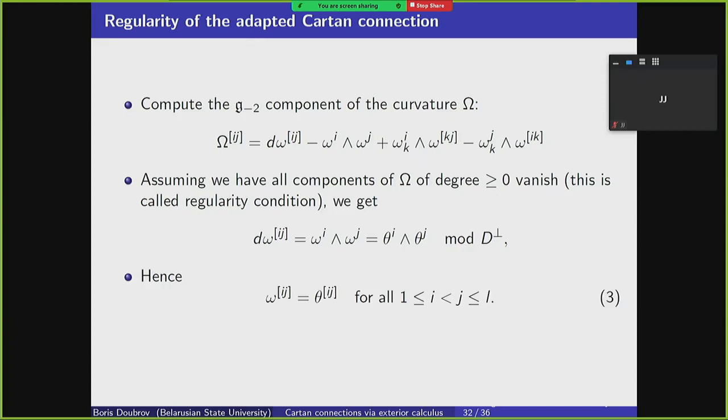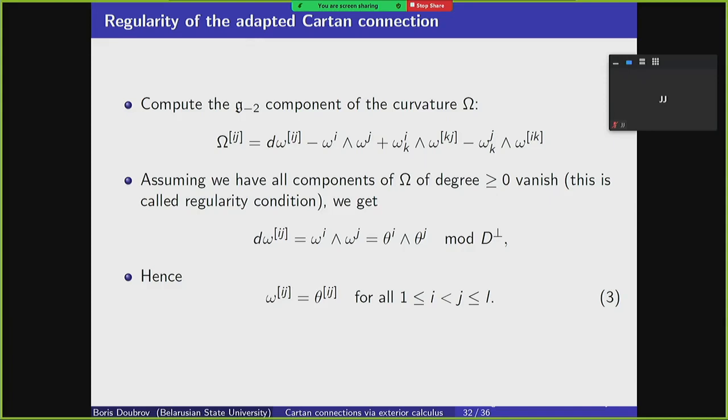In this case, theta i, theta j is the same as omega i, omega j. So we can actually guarantee that omega j's and theta j's are the same. That follows from the condition that we want our structure function to have only elements of positive degree. So we have already achieved quite a lot from the start.